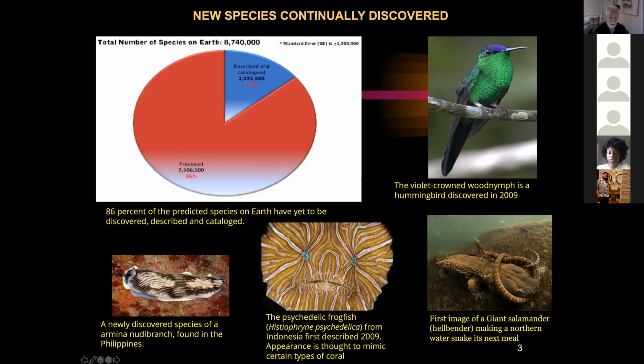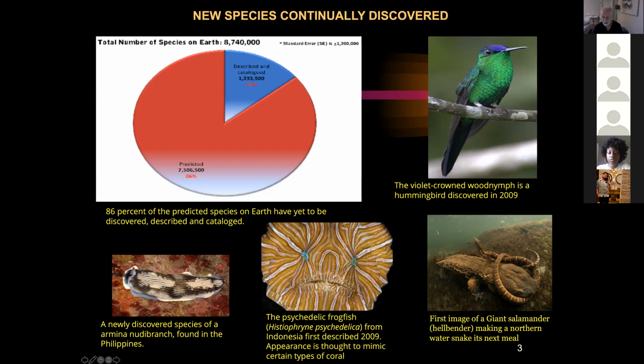So of this expected total, only 14% have been described and cataloged so far, which means that 86% are only predicted. They are not actually known.